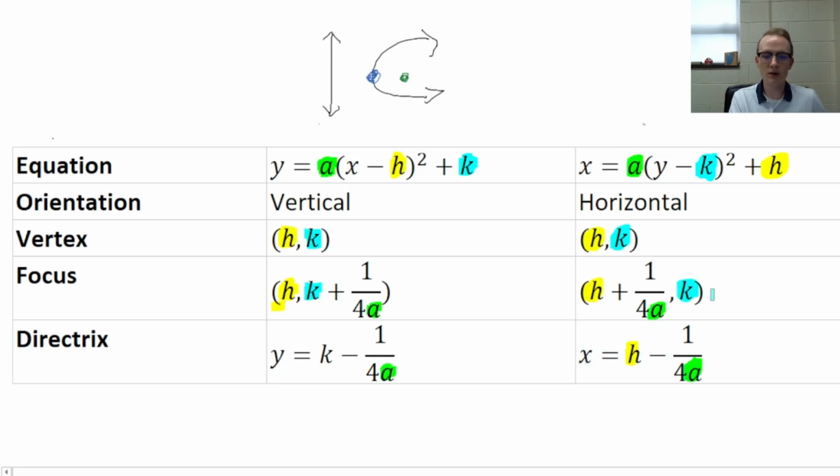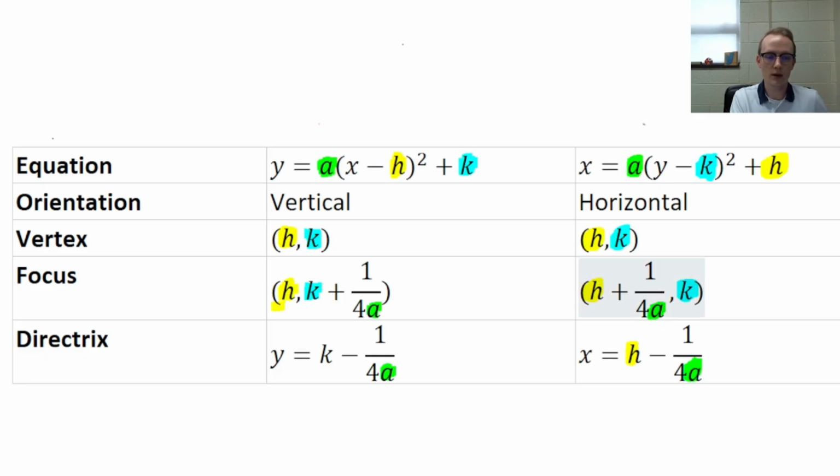And just like I mentioned before, if a is negative, then that's going to reflect everything, and your parabola is now going to open to the left. Your vertex is still right here. It's now at the rightmost point instead of the leftmost point. But your focus is going to be to the left of that vertex.